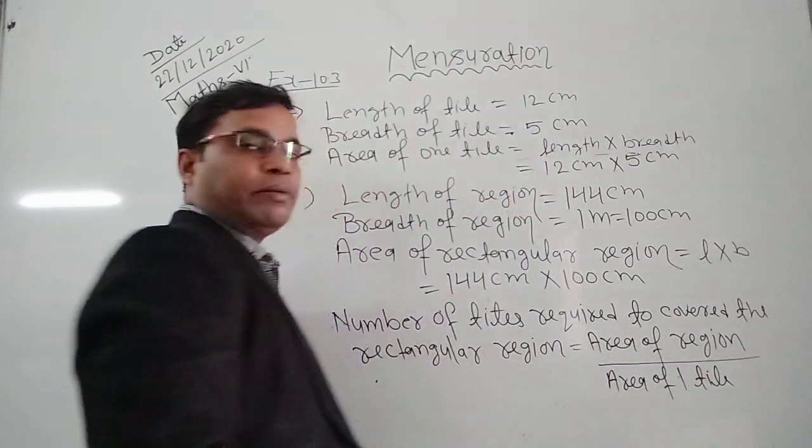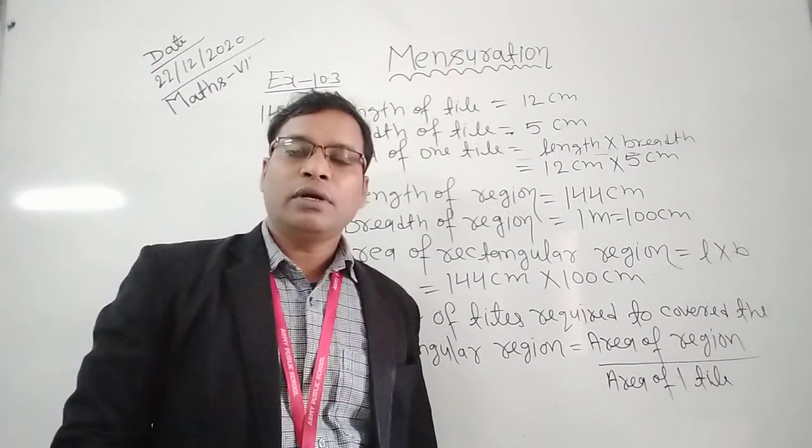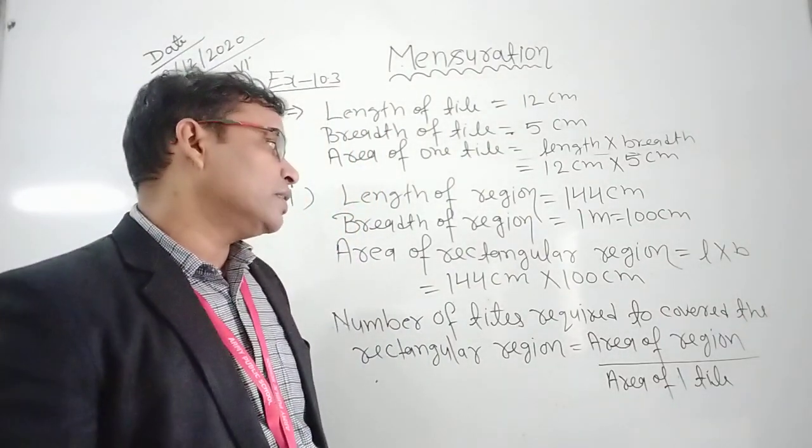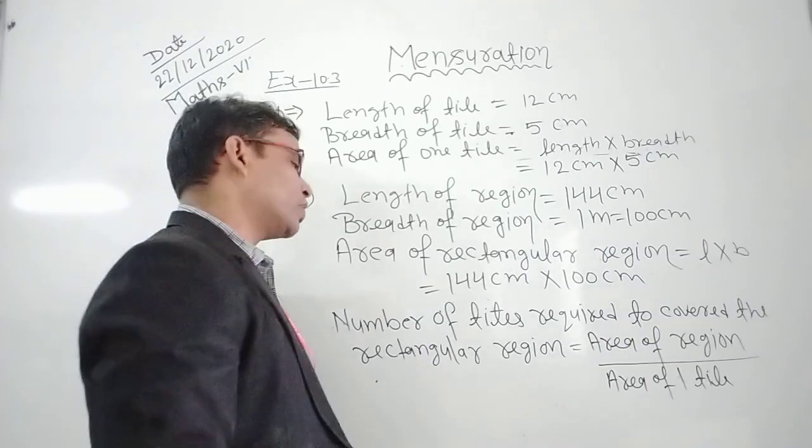Here area of rectangular region by area of one tile. So we get the number of tiles required to cover the rectangular region.